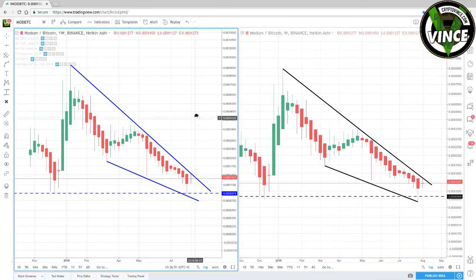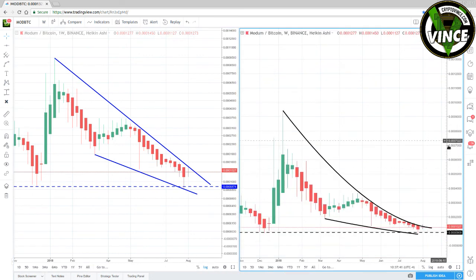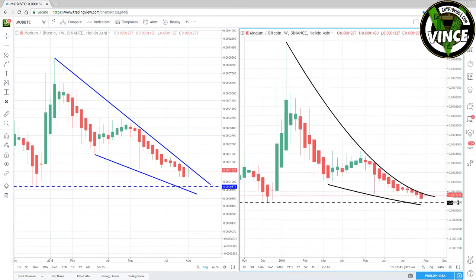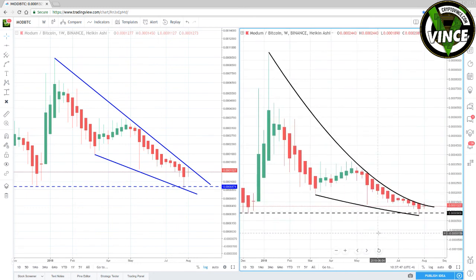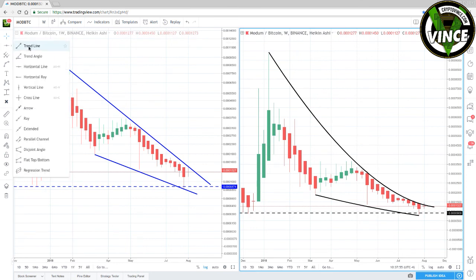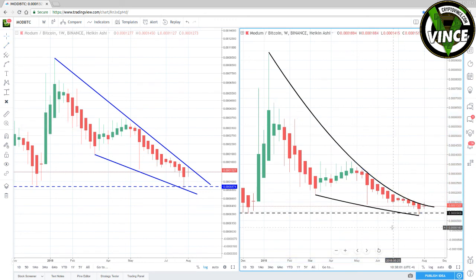So if I change this to linear scale, boom, that would be my trend line, a parabolic trend line. And this changes every time you switch to linear scale. So I don't really want to trace a straight trend line when it comes to linear scale. Okay, so that's my point.